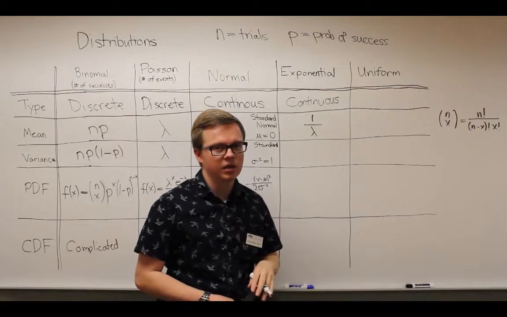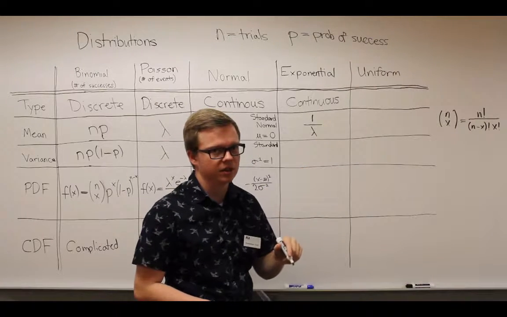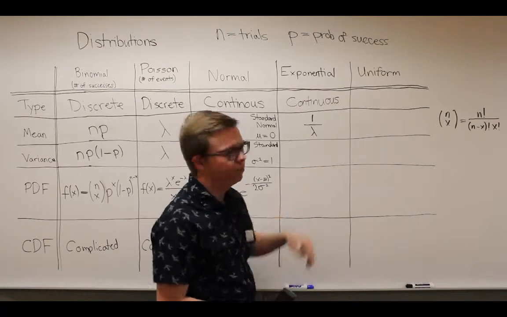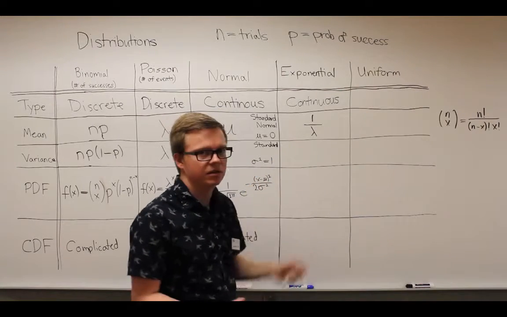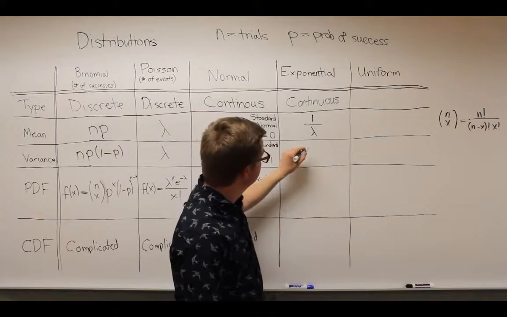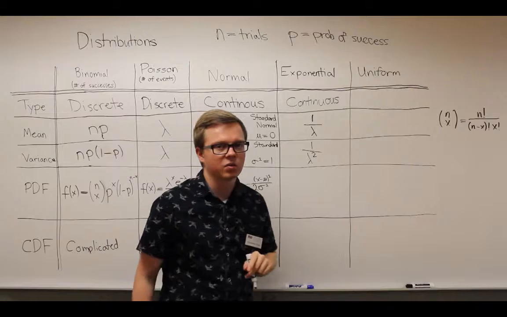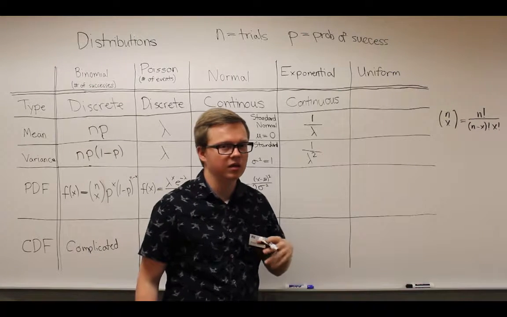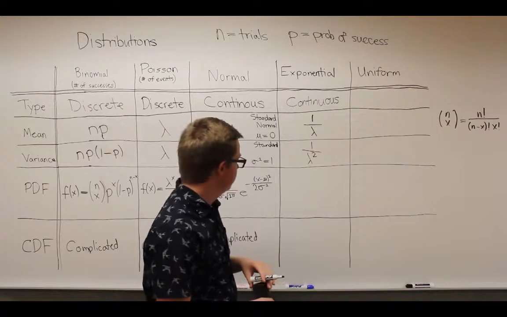Sometimes the mean is given not as this reciprocal, but just as beta, for example, without a fraction. But I think this is the more standard way. The variance is 1 over lambda squared, and notice it's the square of the mean, meaning that the mean and standard deviation are the same for the exponential distribution.